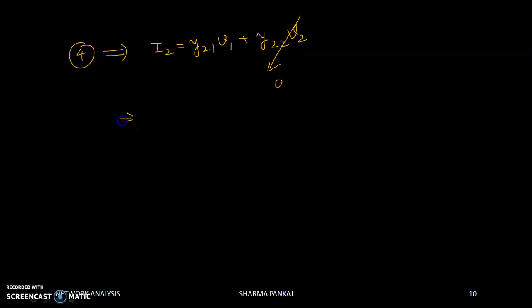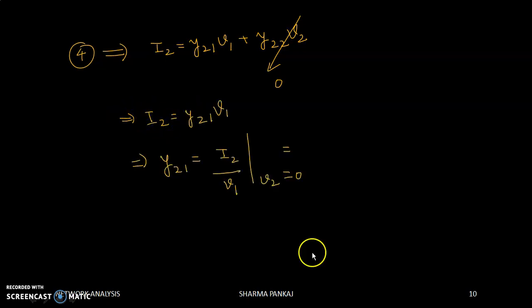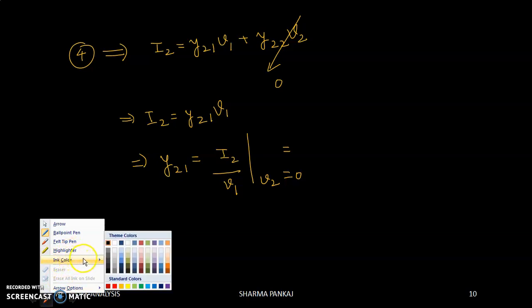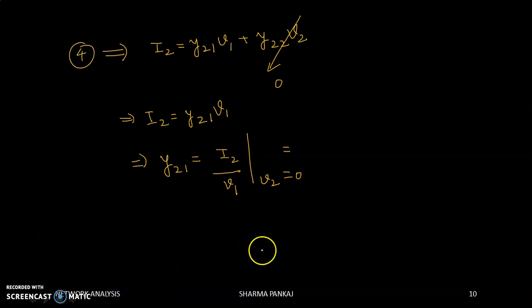So when V2 is 0, I2 will be y21 v1, and y21 can be written as I2 upon V1 under the condition V2 is 0, because we have short circuited port number 2.